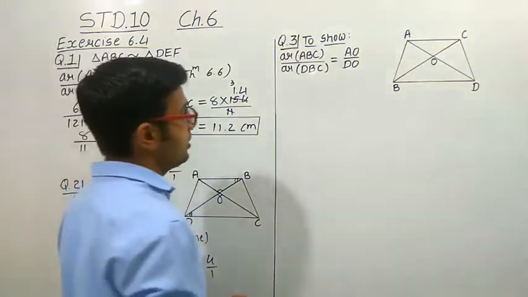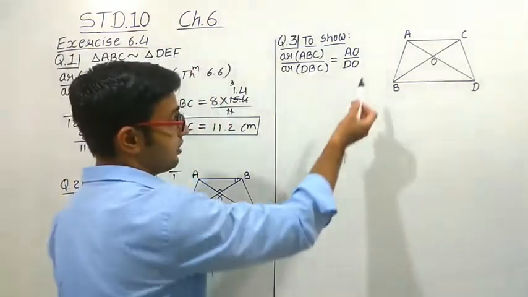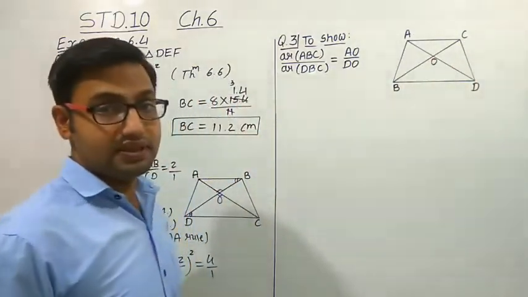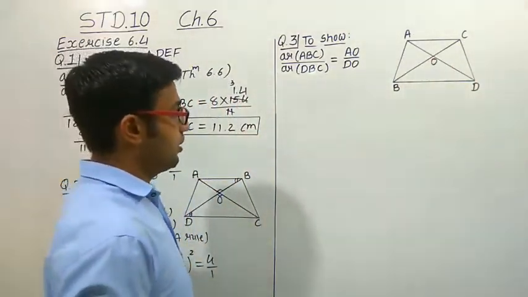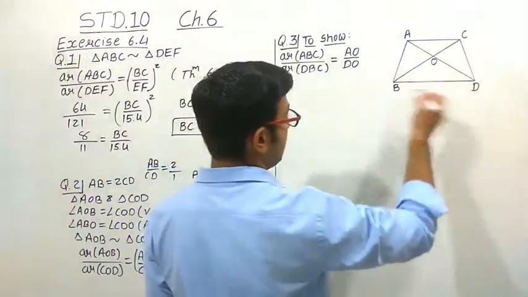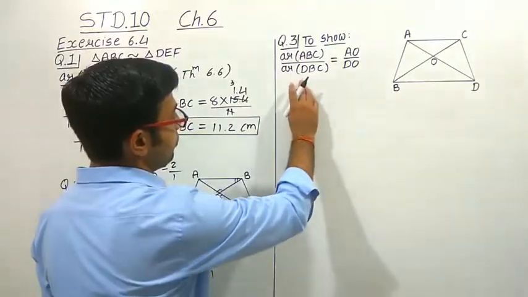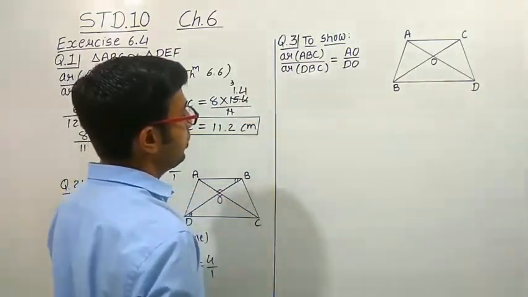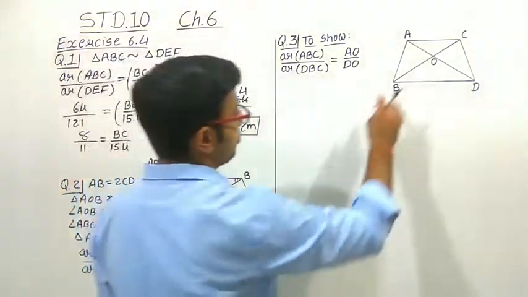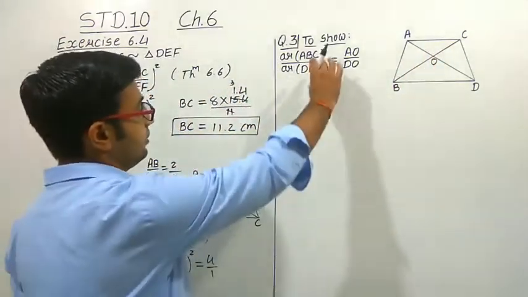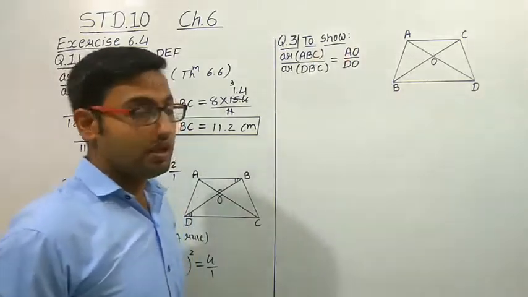Right? So see here, it is not given that quadrilateral ABDC is a trapezium. So we cannot use any criteria of parallel sides. Here also we cannot prove that these two triangles are similar.